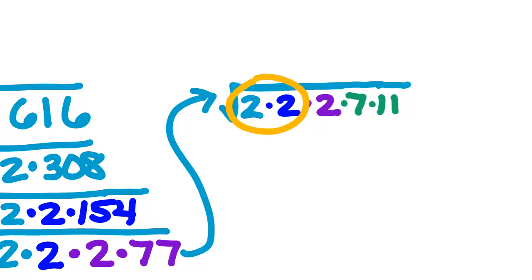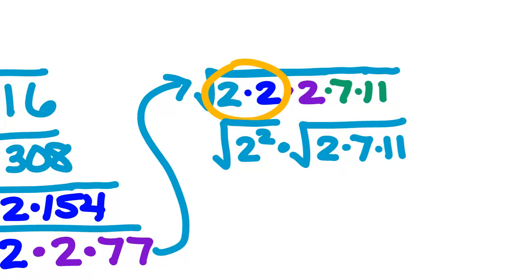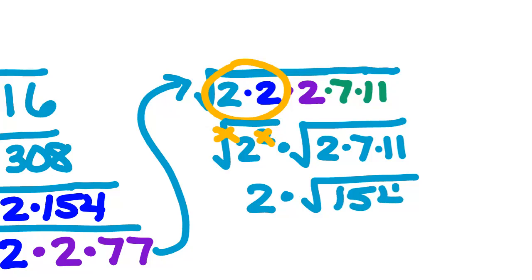Here I have 2 2's, so that would be 2 squared underneath my radical. The other 2, the 7, and the 11, those don't have pairs. So they have to stay underneath the radical together. So with my 2 squared, the squared and the square root cancel each other out. So I have 2 times, and then I times these 3 together. What is 2 times 7 times 11? 154.